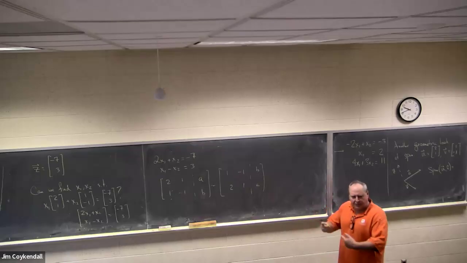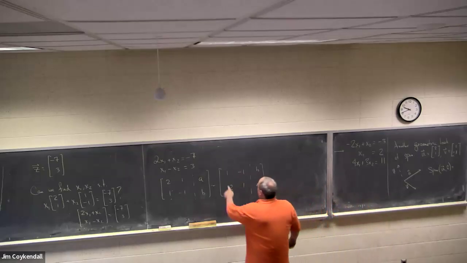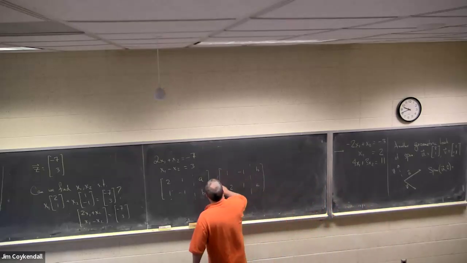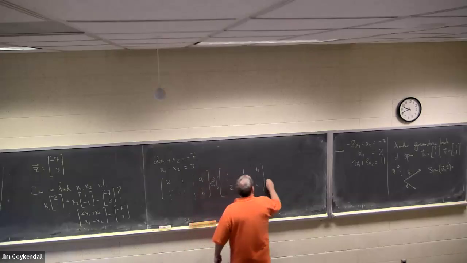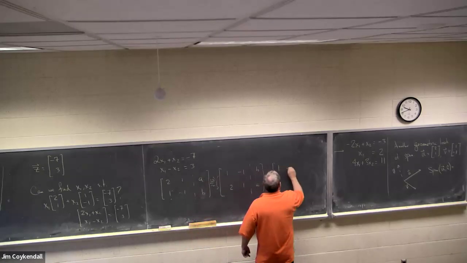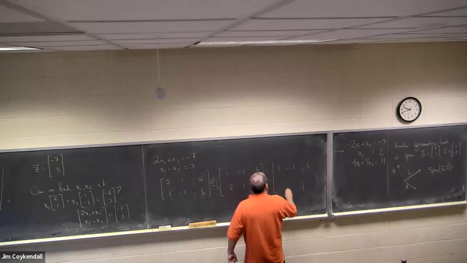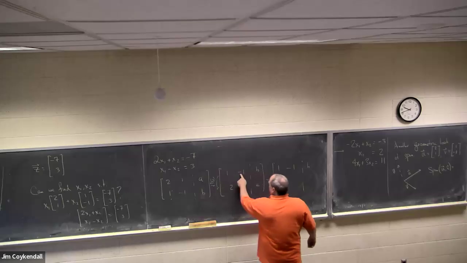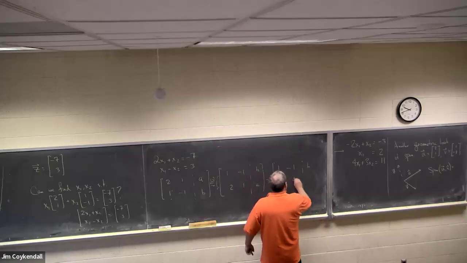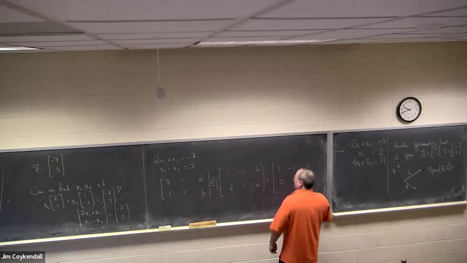Okay. All I did is just flip. I'm going to multiply this by -2. Take this out. And I'm going to get 1, -1, b. That's going to be 0. Multiply this by -2, that's going to be 3, that's going to be a minus 2b.